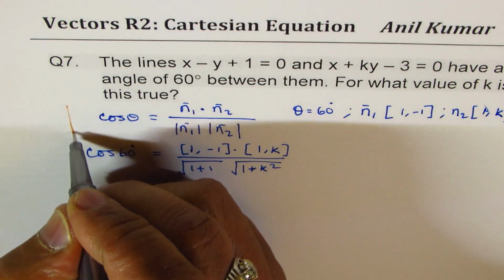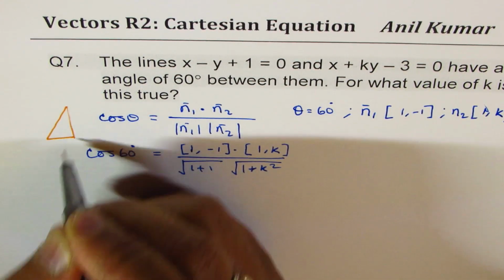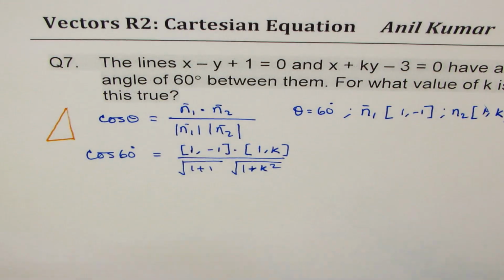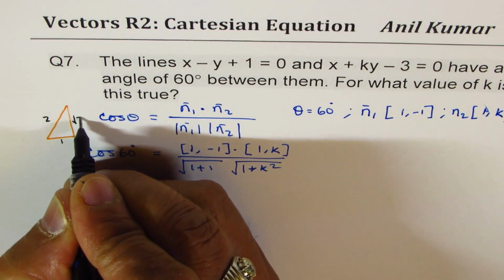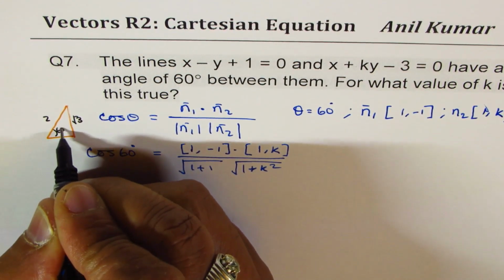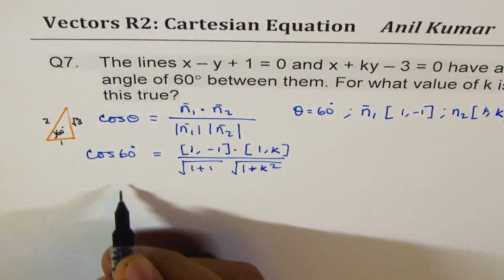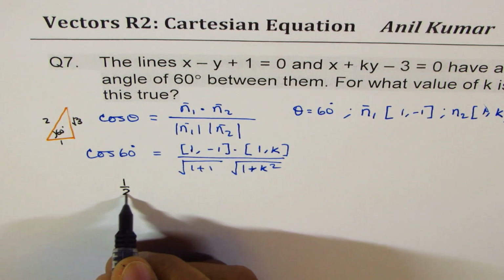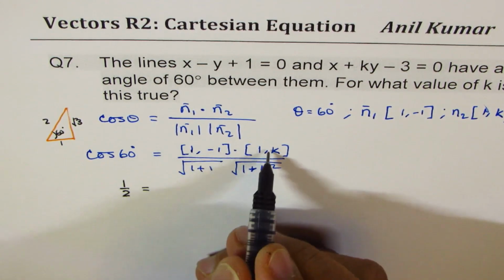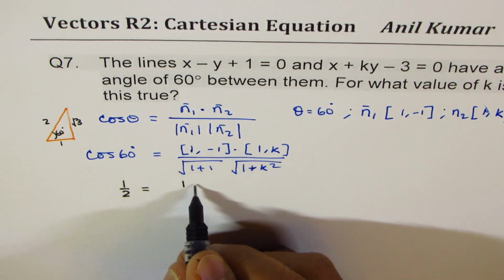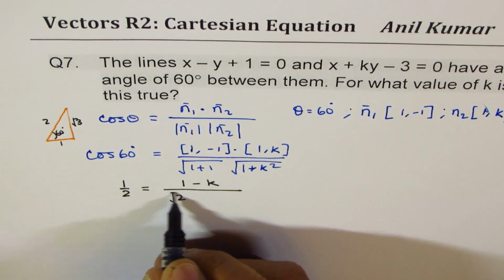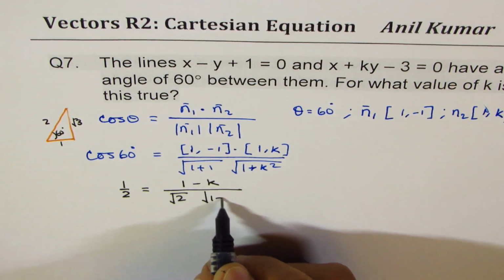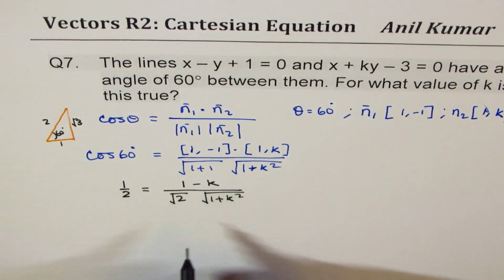You could always sketch your special triangle, with sides 1, 2, square root 3, that is 60 degrees, correct? So for 60 degrees, cos 60 is half. So half is equal to 1 times 1 is 1 minus k over square root of 2 times square root of 1 plus k squared, correct?